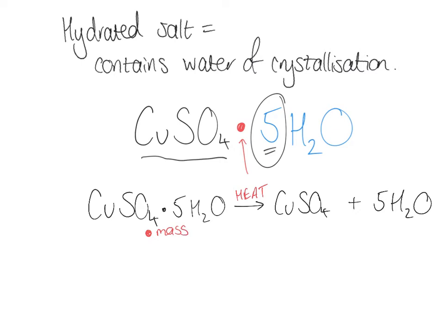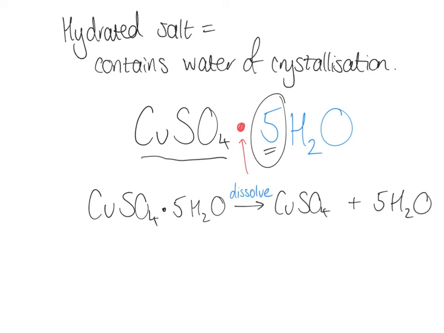Once you heat to constant mass, you will know the mass of your anhydrous salt, and therefore you will be able to work out the difference between the two, which will be the mass of water that has evaporated. What you can do with that then is work out the number of moles you have of your anhydrous salt and your water, and then use a ratio to calculate your number of water molecules.